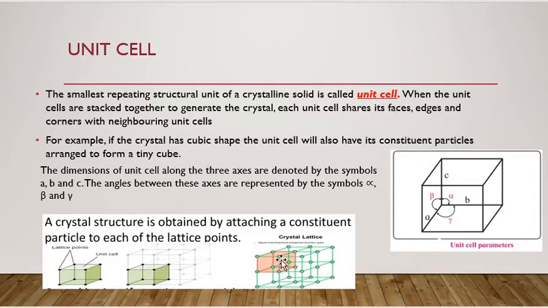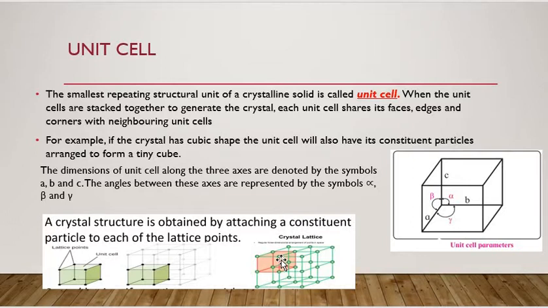So I can say unit cell is the smallest repeating structural unit of a crystalline solid, and when the unit cells are stacked together to generate a crystal, each unit cell will share its face, its edge and its corner with a neighboring unit cell.